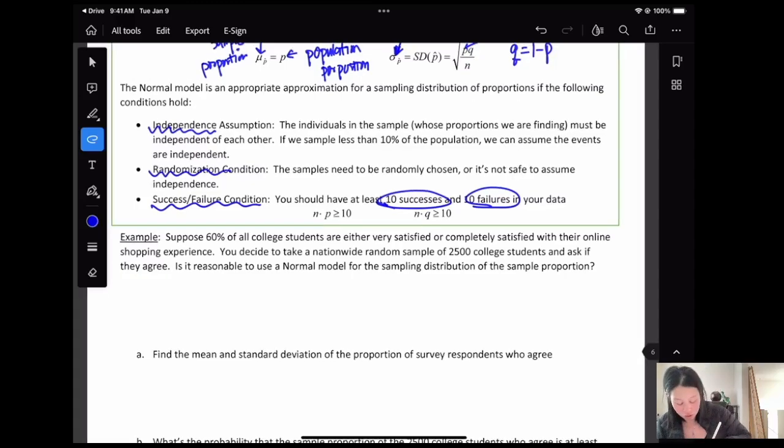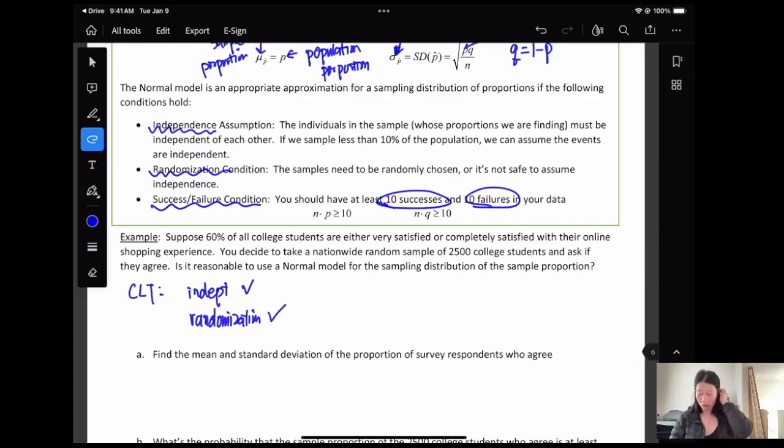That means they are asking if this satisfies the central limit theorem. The independence condition and the randomization condition are always met. Now we need to check the success and failure condition.